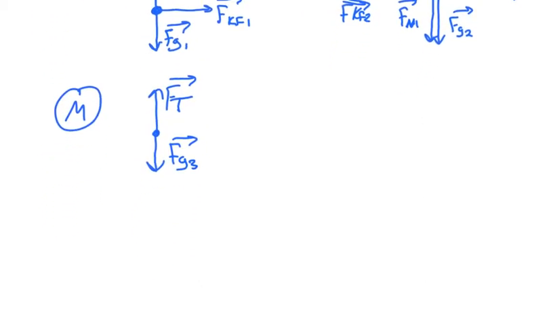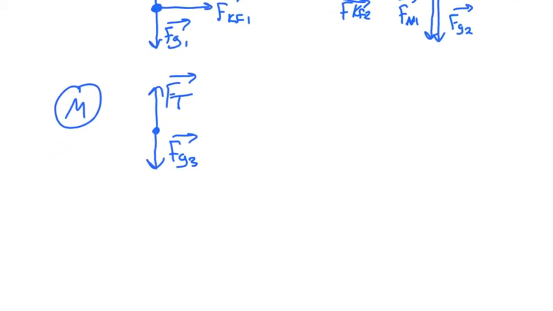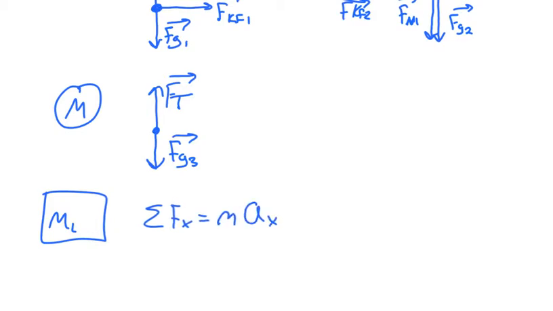So for mass 1 here, I've got my net force in the x direction equal to mass times the acceleration in the x direction, and this is for object 1. My net force here is just going to be that force of kinetic friction on object 1 going to the right.